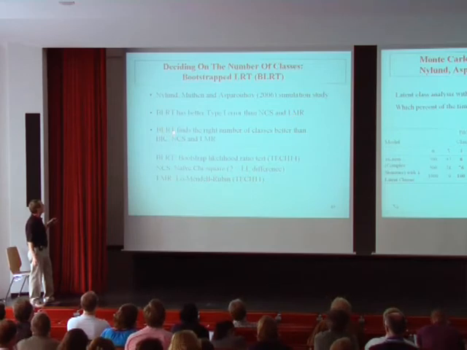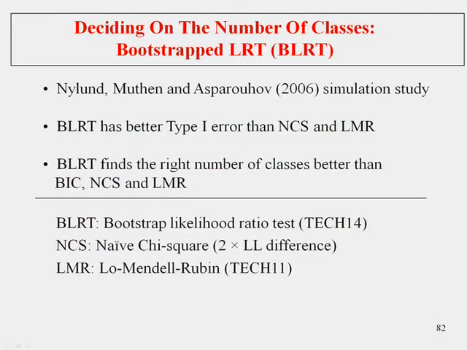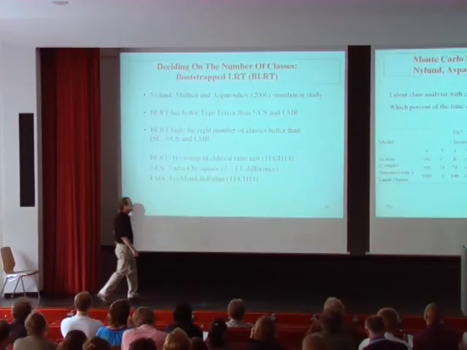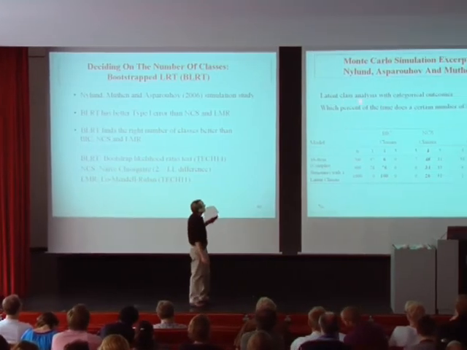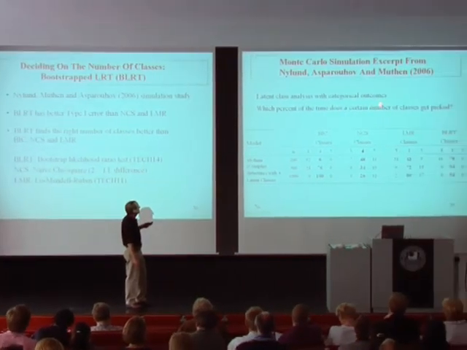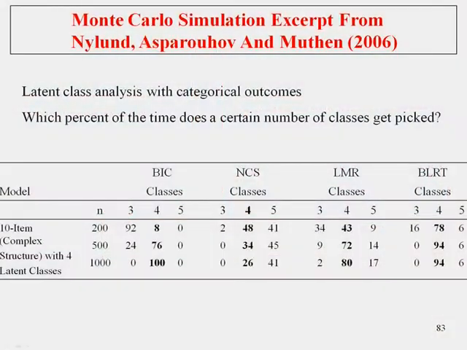And the bootstrap likelihood ratio test finds the right number of classes better than BIC, the wrong way, the naive way of doing it, and Lo-Mendell-Rubin. So bootstrap seems to be theoretically the best. For instance, you have this case here. You have a latent class analysis of categorical outcomes, and you ask yourself, what percent of the time do these different techniques pick the right number of classes?